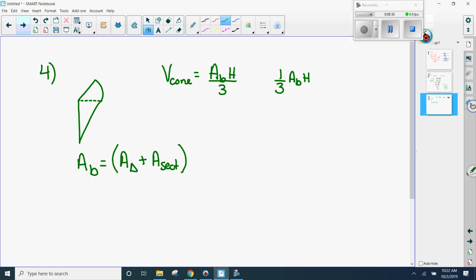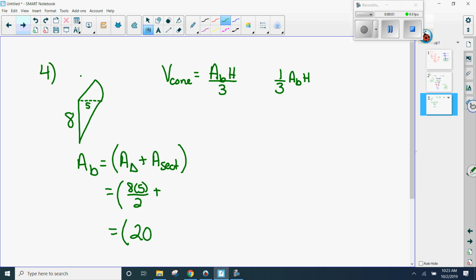If I look at the triangle, I have dimensions of 8 and 5. What is the area of your triangle? 20. Base times height divided by 2. So the area of my triangle is 20. I have to add to that the area of a sector.